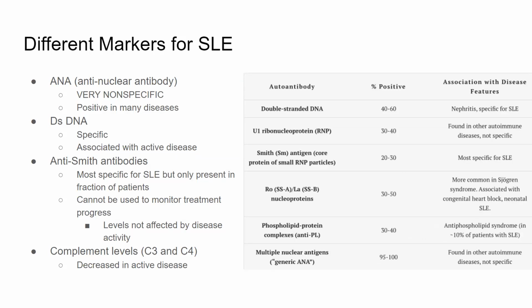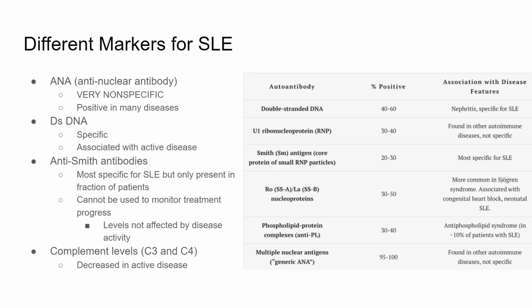And then this is really high yield for you guys to know. It's probably one of the things that they're going to test you on quite a bit, and it's how to diagnose, or the different markers that you can use, in lupus. They really like to trick you: in the vignette, they'll put the person as ANA positive and make her present as a lupus patient, with arthritis or a fever or chest pain.